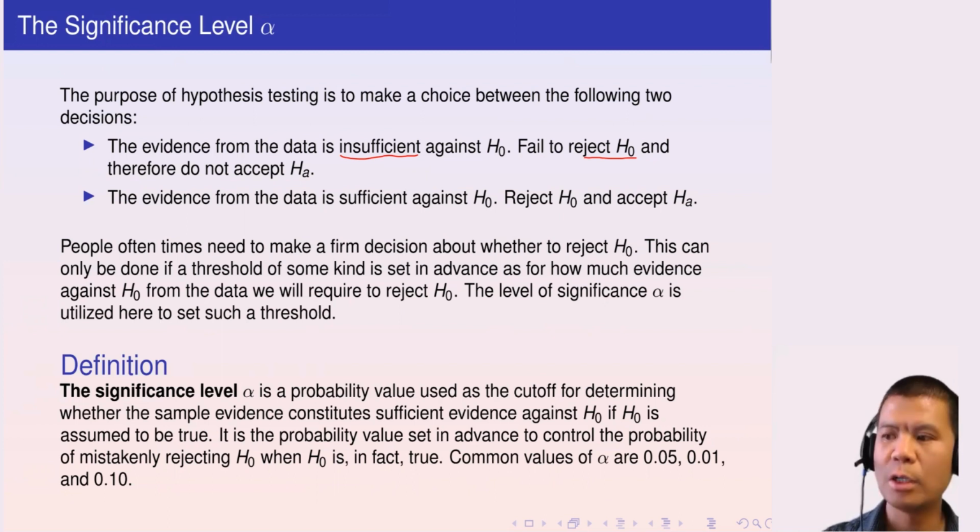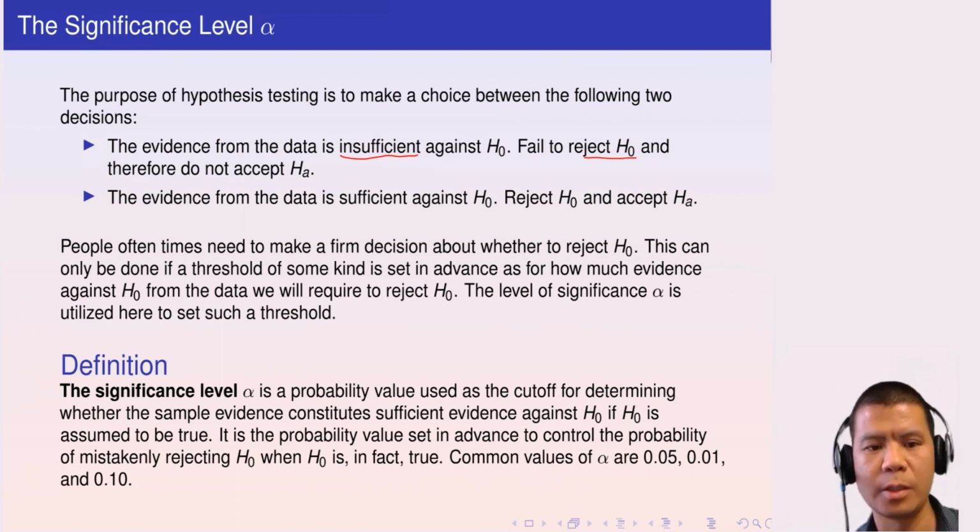Then you cannot claim the defendant to be guilty. You fail to reject H0, and therefore you cannot accept that this defendant is guilty. So that's the first choice.